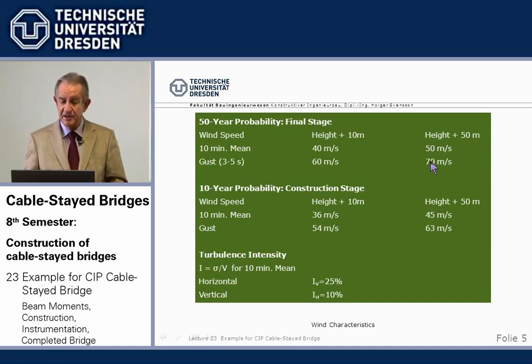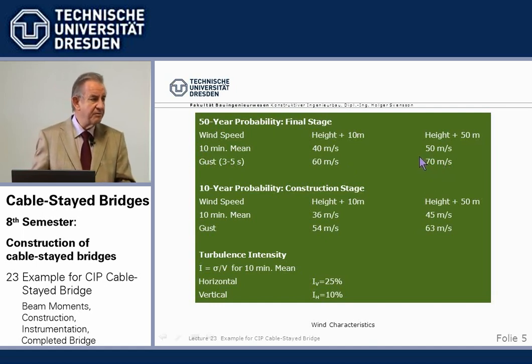But the gust speed, which is the highest fluctuating wind speed with at least a length of 3 to 5 seconds, well, that's the catcher here, 70 meters per second. If we multiply that by 3.6, we come to, without a machine, 252 kilometers per hour.